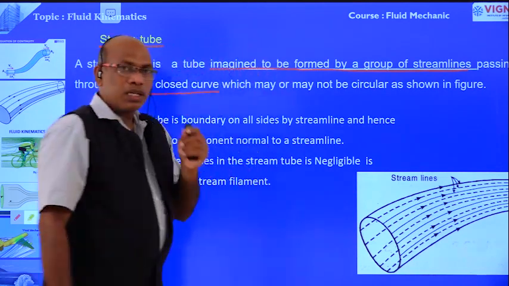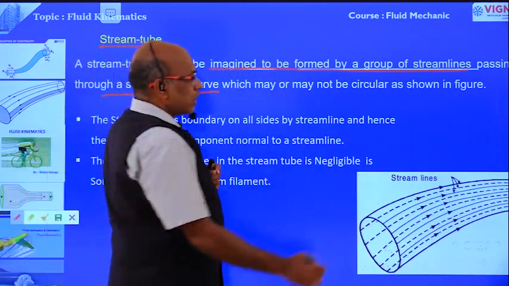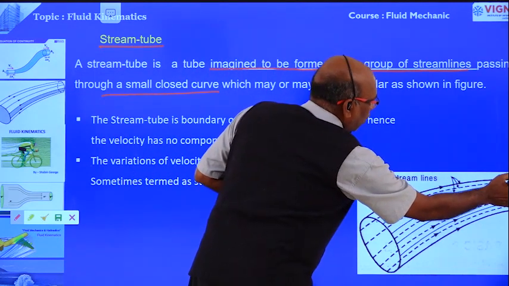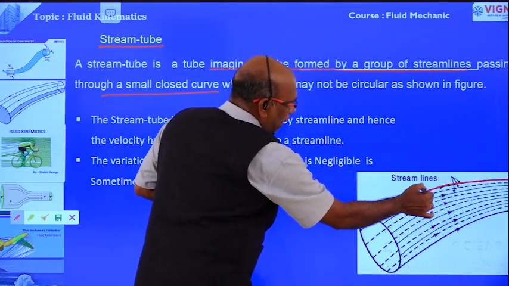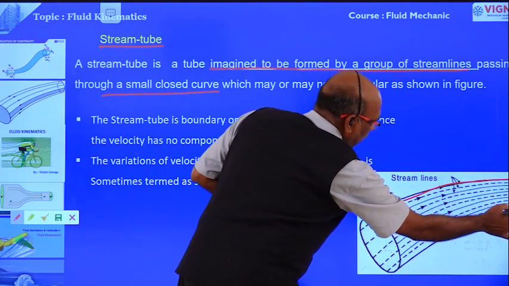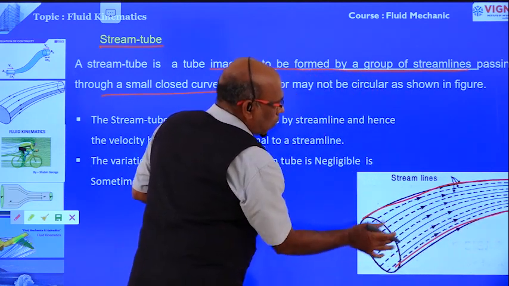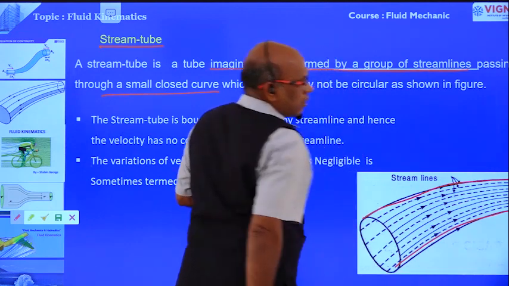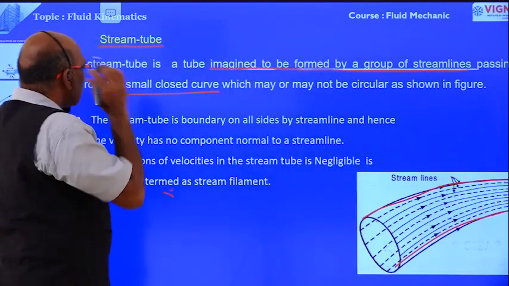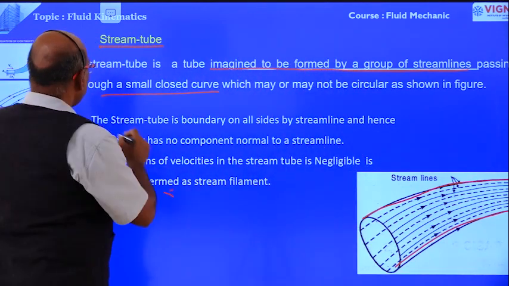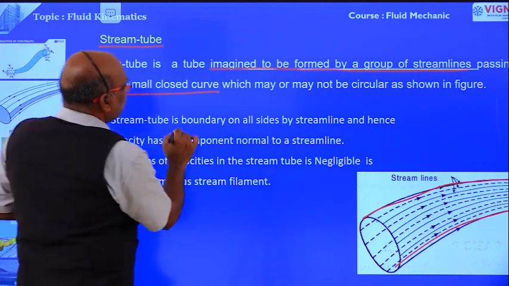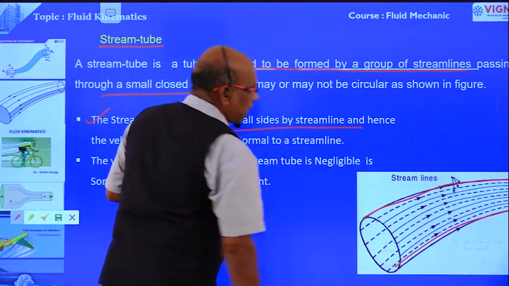Stream tube means the combination of streamlines like this, closed in a small area. Right? One more point, a stream tube is bounded on all sides by the streamlines.